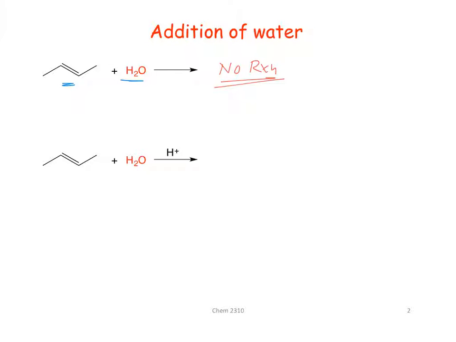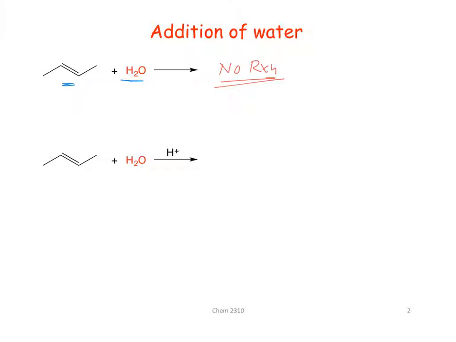And in fact, this is kind of lucky because we have lots of alkenes in our bodies. We have unsaturated fats, which are important in our membranes. If hydration reactions happened spontaneously, then all of those double bonds in our body would become hydrated, and those compounds couldn't play the role that they need to.